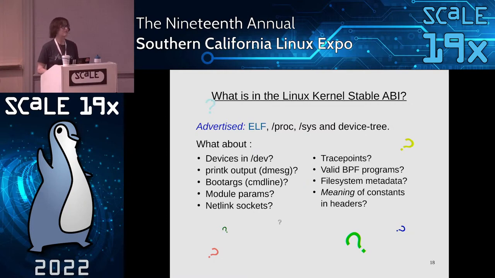And you won't be surprised to hear that individuals don't necessarily agree about them. And the answer to these questions is not necessarily known in all cases, I would say, or it changes over time in less obvious ways than changes to sysfs and procfs, which everybody knows about.